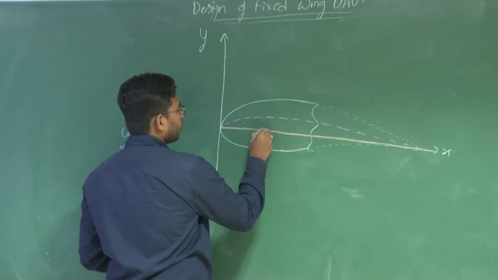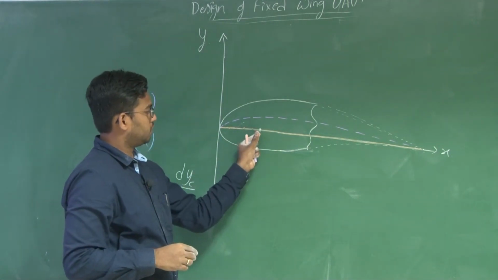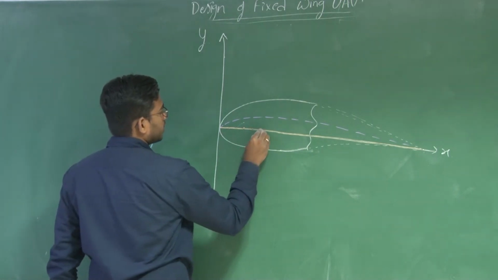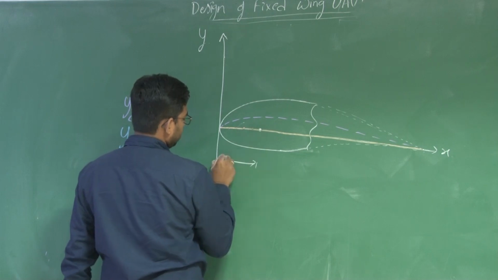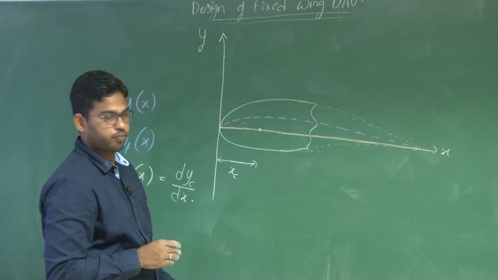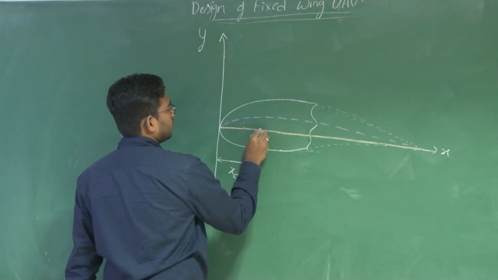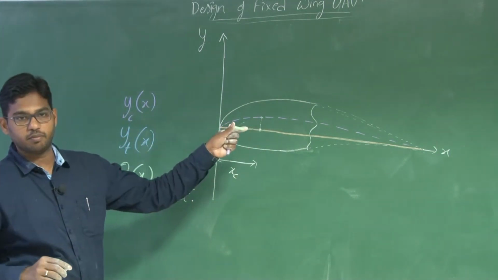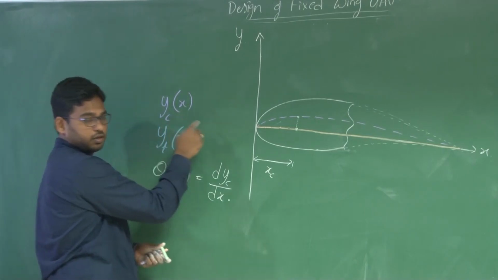Now let us consider a point on the x-axis, a point x on the chord, right? Now what will be the corresponding point on the camber line? From this you will get to know the corresponding point on the camber line, right?